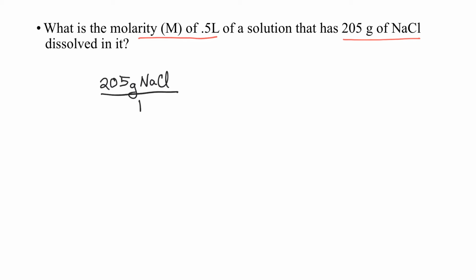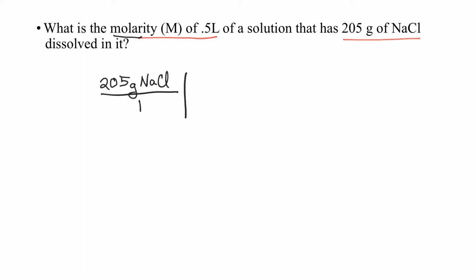And there's different ways you can do this. This is just, I think, the easiest way. Maybe you know an easier way. So now remember we have to get to moles per liter because we're looking for molarity. So we need to go from grams to moles. And again, we're going to use the molar mass. And so the molar mass of sodium chloride is 58.44 grams.